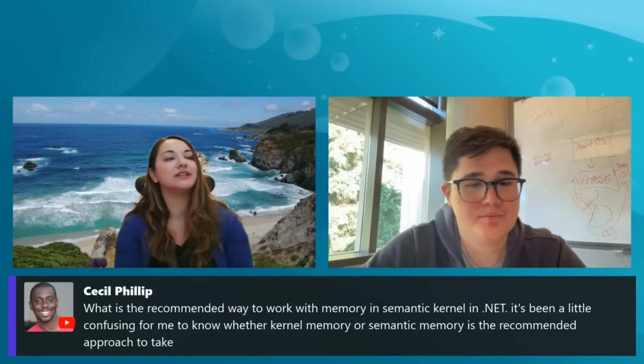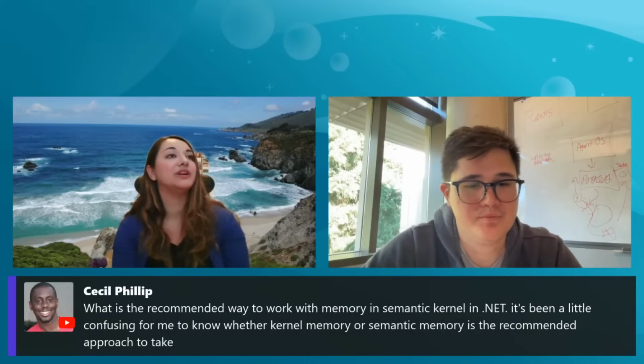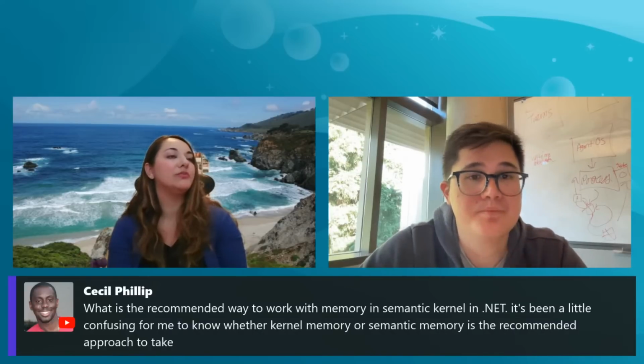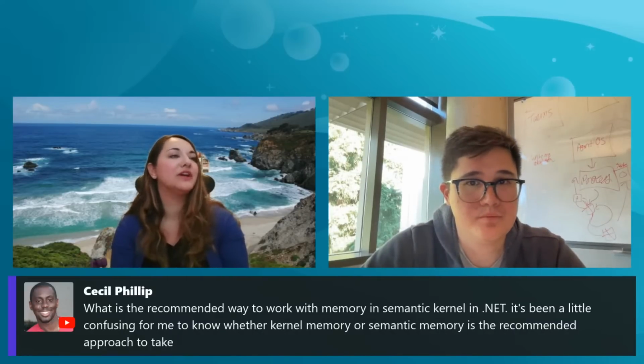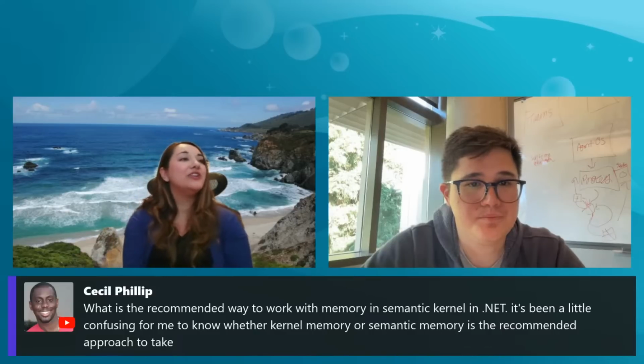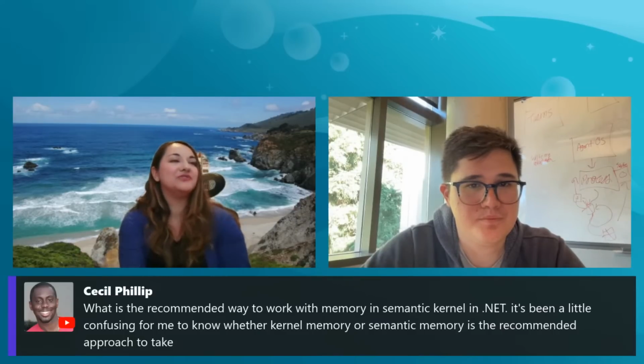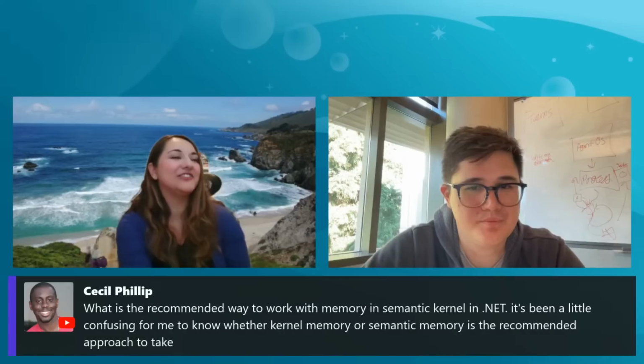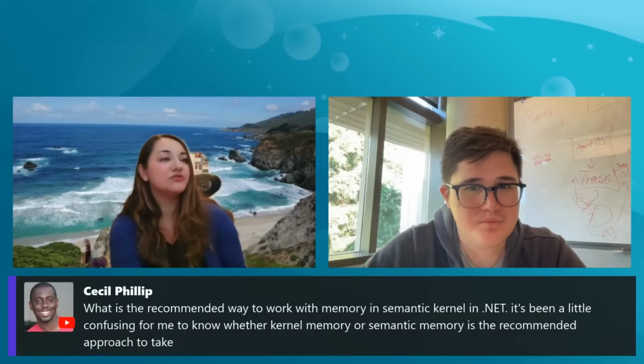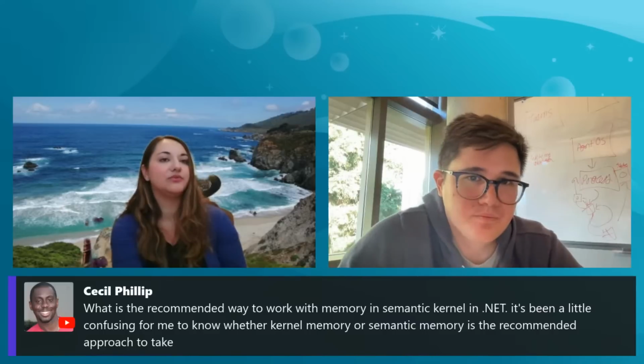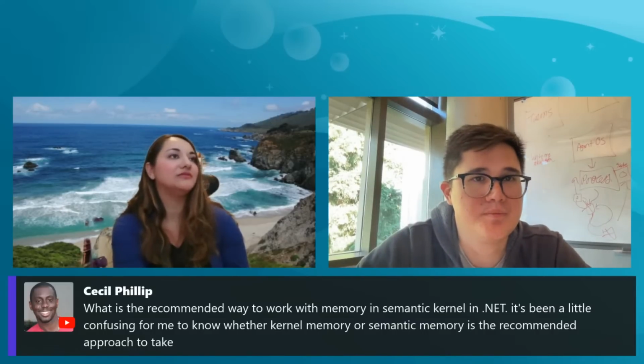And so a lot of that is getting finalized and baked in. We're going to be bringing the best pieces of Kernel Memory into Semantic Memory as well. And so that really is the approach that we recommend. But memory, there's a lot of confusion, right, for me even, learning of what's happening behind the scenes. And so if you do have further questions about that, feel free to put them in chat as well.